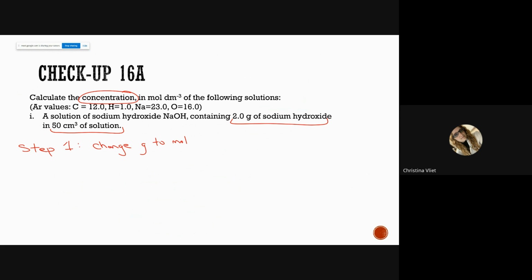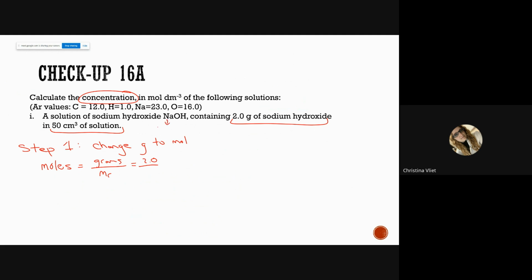Molar mass. So we're going to start with moles equals grams over molar mass. We've got 2 grams told to us in the question. And what's the molar mass of sodium hydroxide? That's going to be the bottom number. So 2 on the top, molar mass on the bottom.